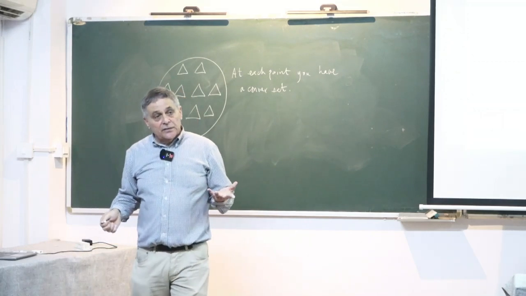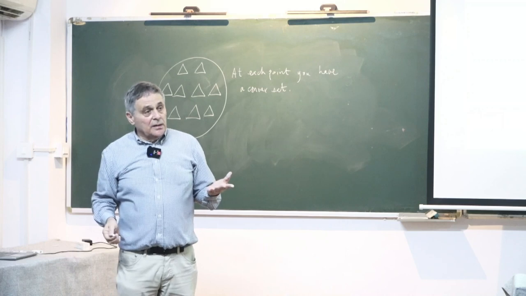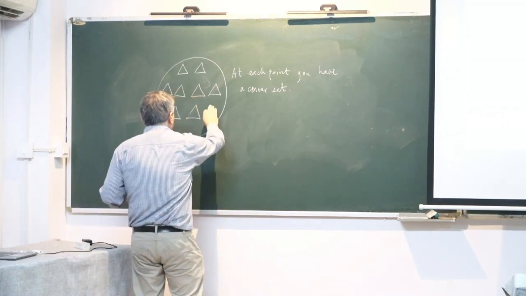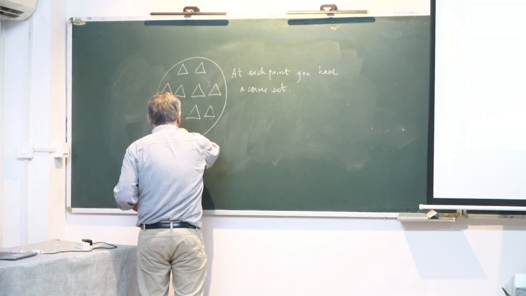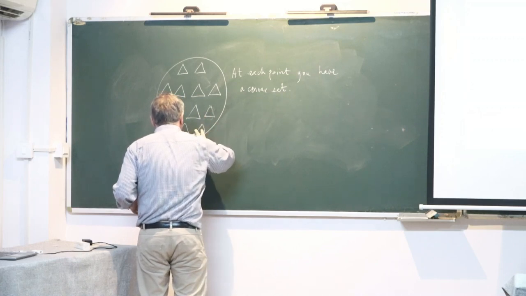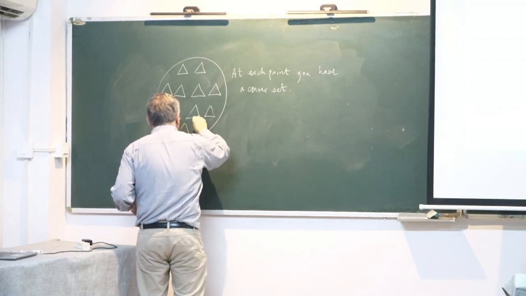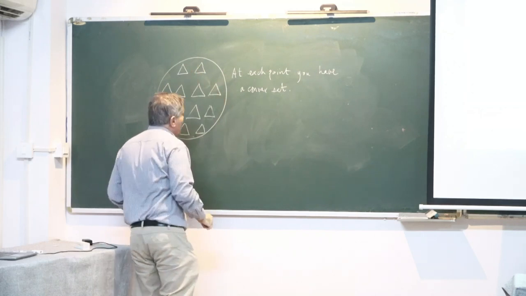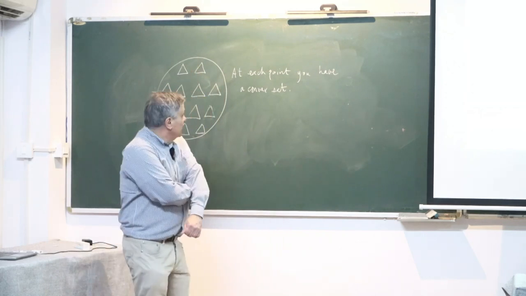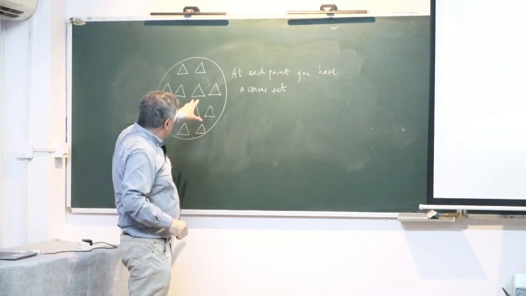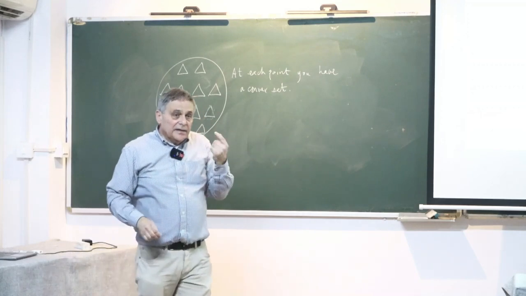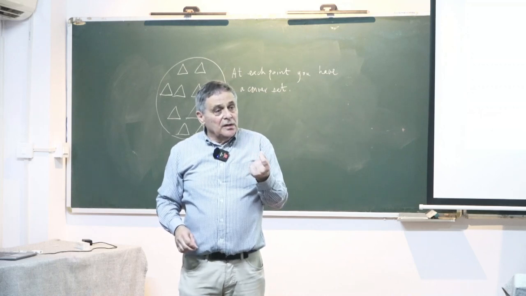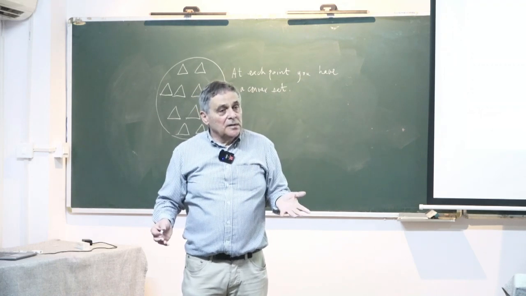I take this same equilateral triangle at every point, centered at this point. And then I tell you that this convex set is the unit ball of some norm.